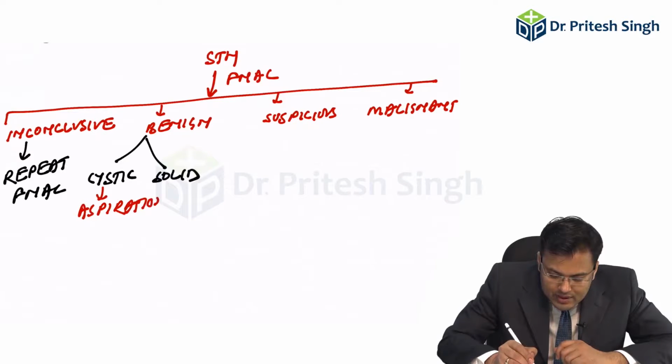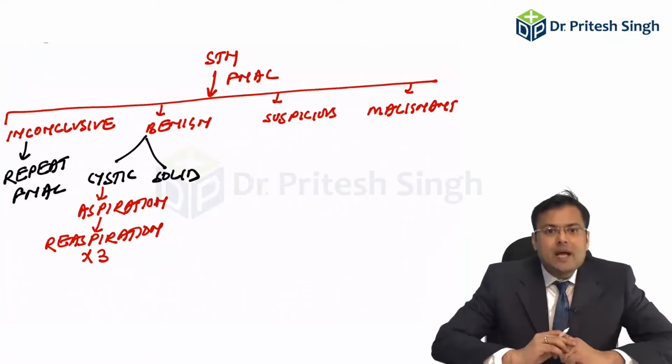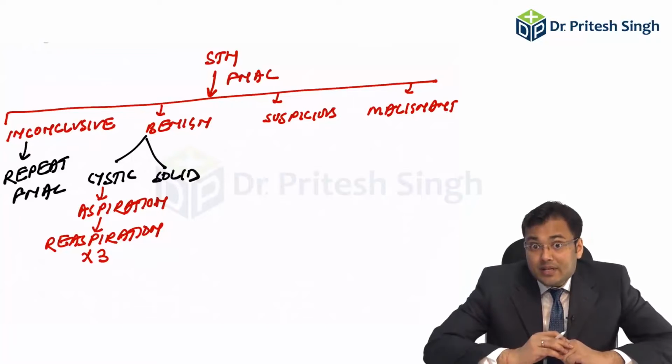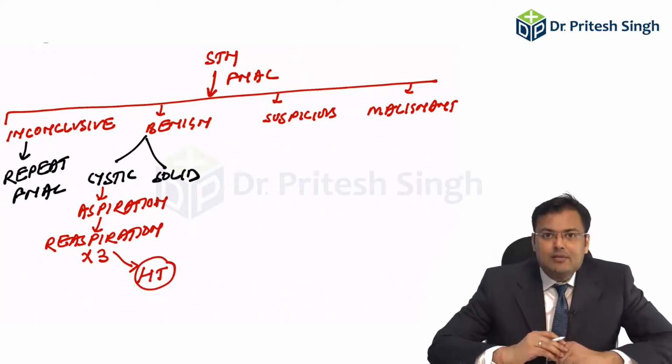And suppose there is recurrence after aspiration, usually re-aspiration is performed. Maximum for how many times is re-aspiration performed? 3 times. After that, if there is recurrence, we perform hemithyroidectomy.